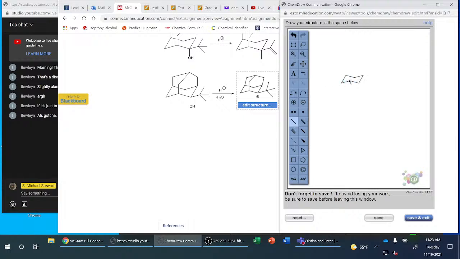Be a nice problem if they kind of gave you the structure to begin with instead of making you draw the whole thing out. Stupid trackpad.